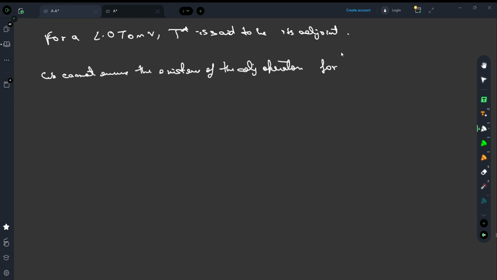We cannot ensure the existence of the adjoint operator for an infinite dimensional inner product space. But surely they might exist.